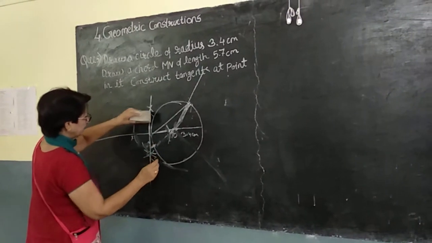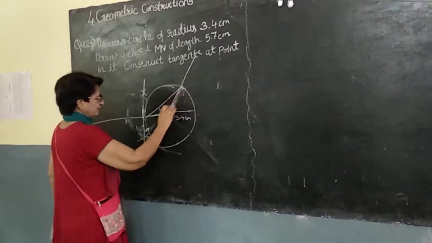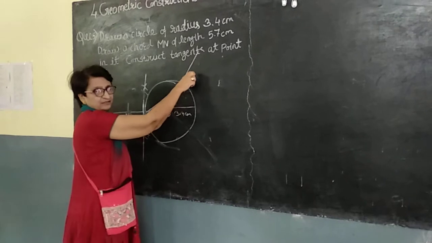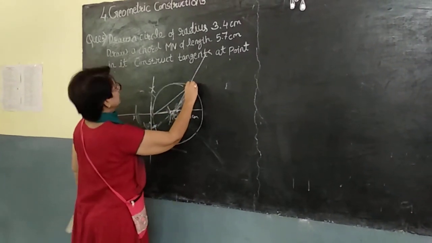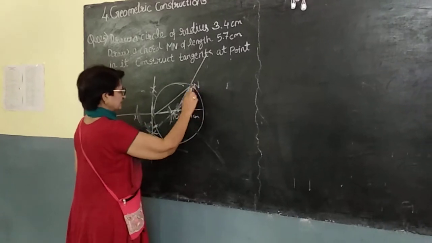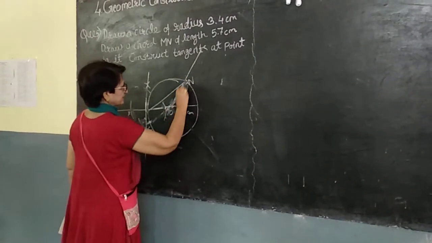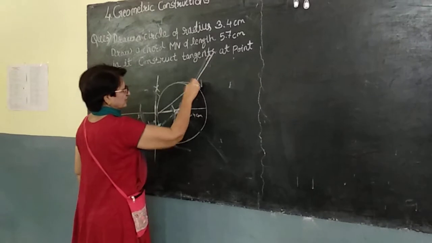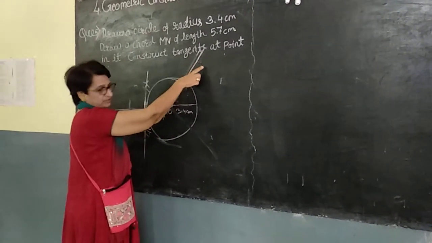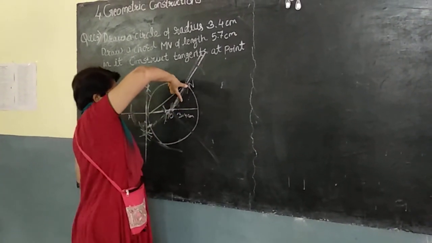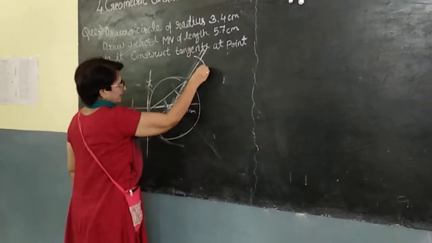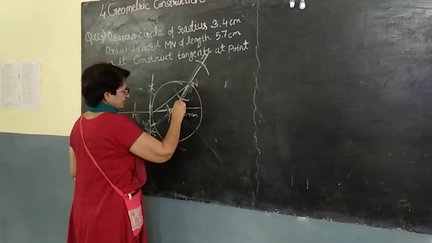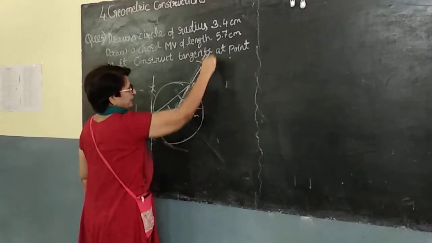Then again similarly out here with center N and this line which has been extended, take some convenient radius, draw an arc on this side, draw an arc on this side. Mark it, let it be X dash, Y dash.